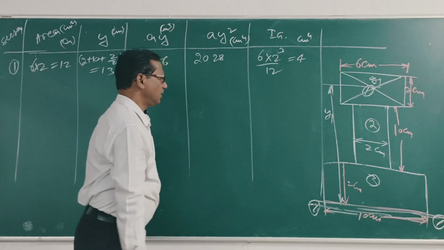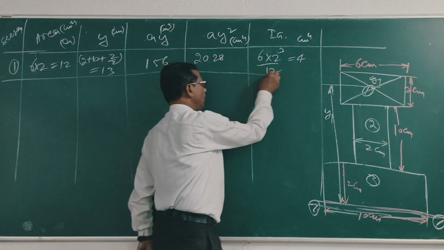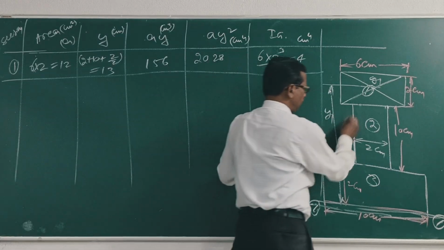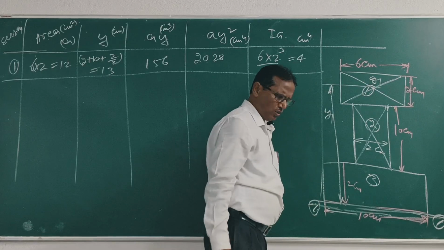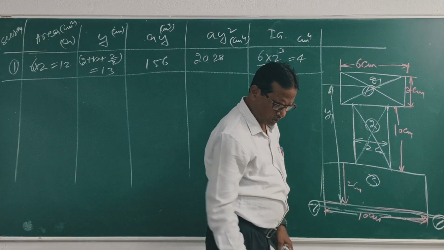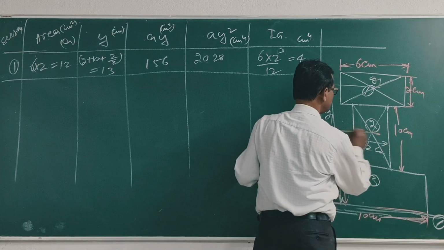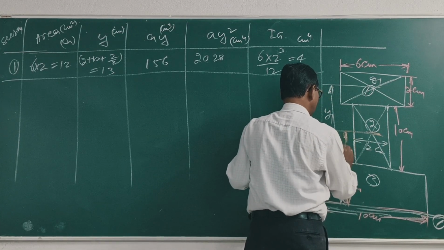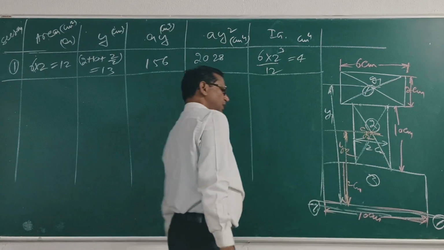Next, come to section 2. This is section 2. This is G2. So what is Y2? This is Y2. This is G2. Clear?